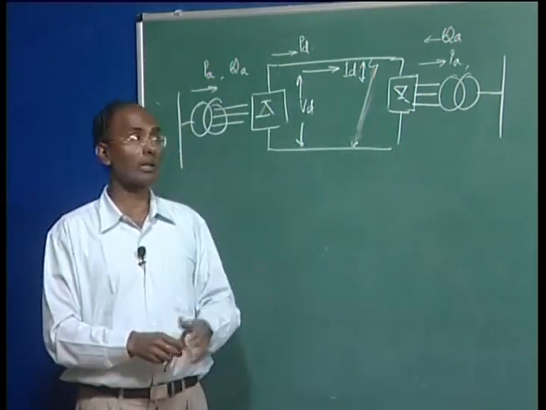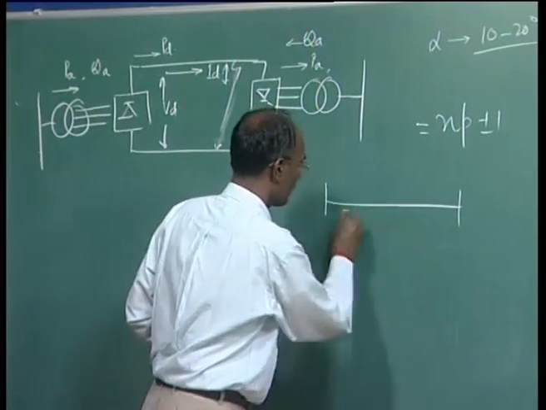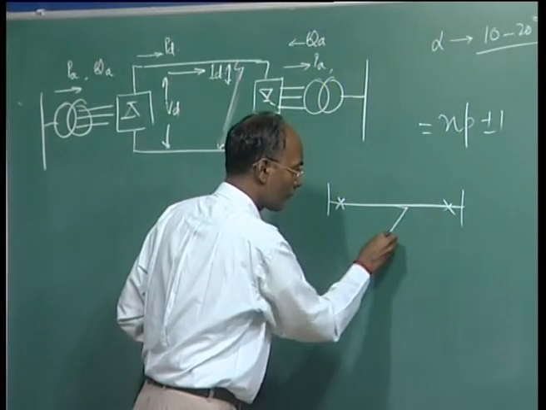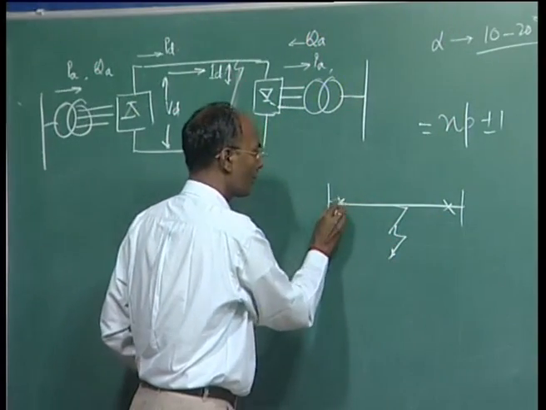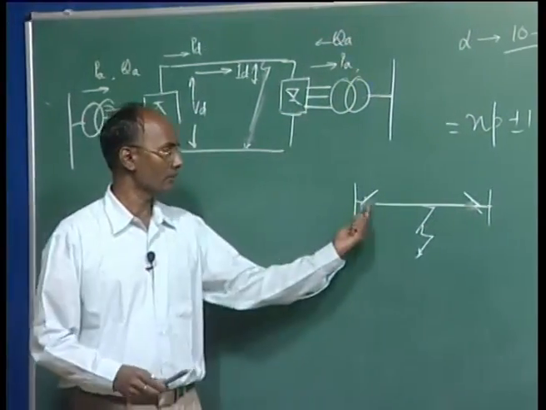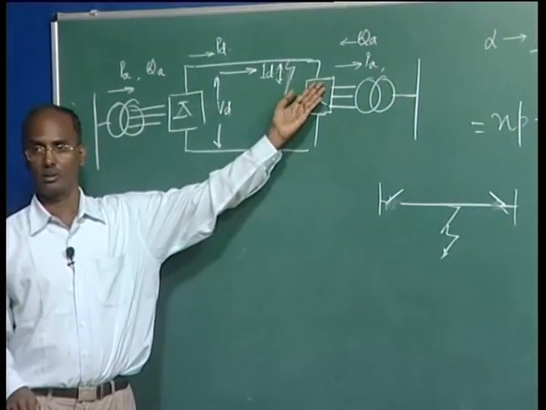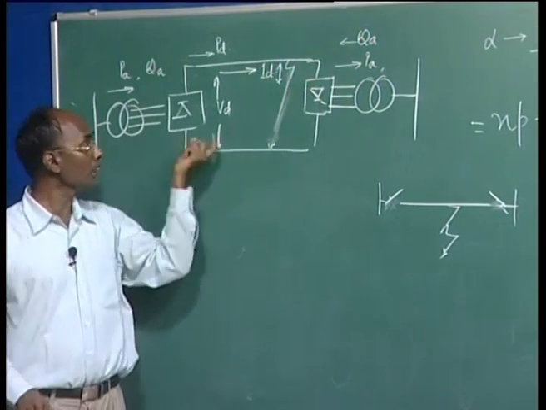Because in an AC circuit, the circuit breaker is there. If there is any fault in the line, it is opened from this side because we have the AC circuit breakers. Here we don't have any option, so we can use a controller.